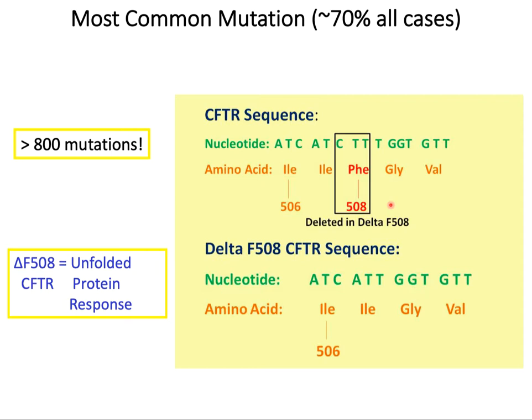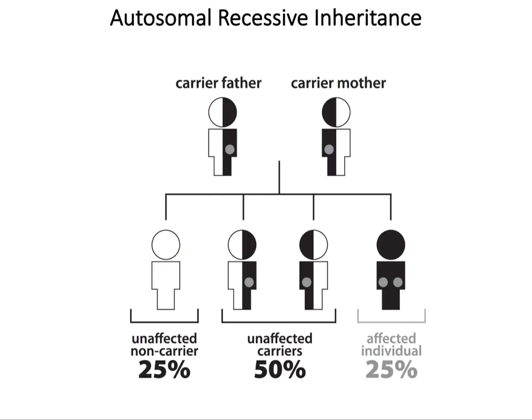And this induces the unfolded protein response. And you will remember from our discussion on vesicle trafficking that when a protein is misfolded in the ER, it is transported into the cytosol and is degraded. So most of the individuals who have this particular mutation are missing this CFTR transporter altogether because it is degraded through the unfolded protein response.